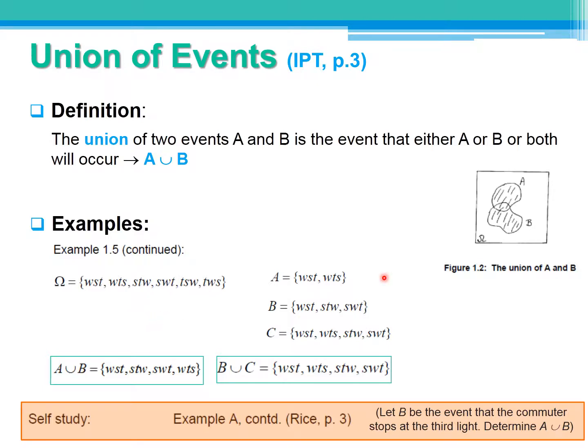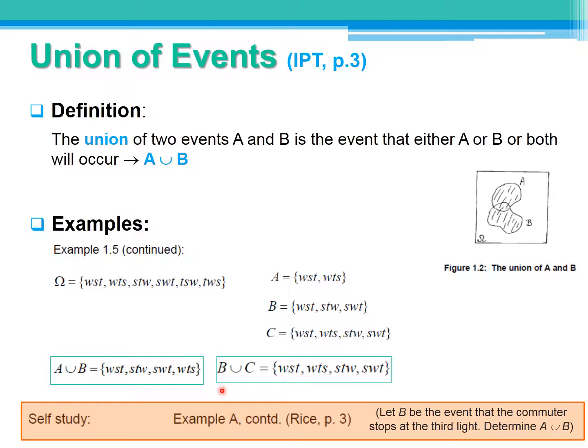Then continuing from 1.5, we identified these events, and now they ask you to determine the union of A or B. Okay, so we list all the outcomes in A and then all the outcomes in B. You will see these are the two outcomes in A, these are the outcomes in B, and WST occurred in both A and B, but you won't list that twice because that's one of the outcomes that they have in common.